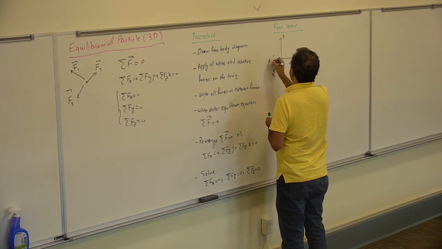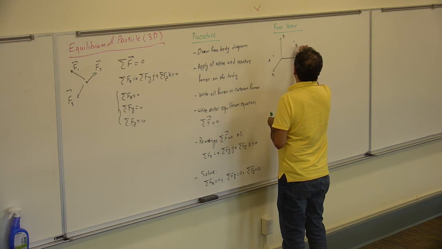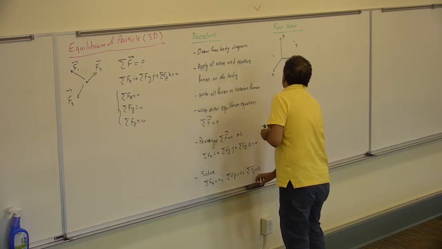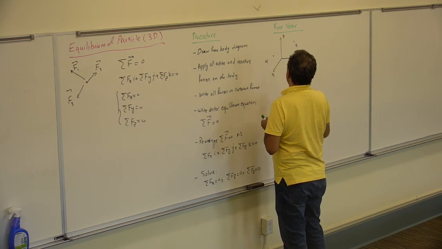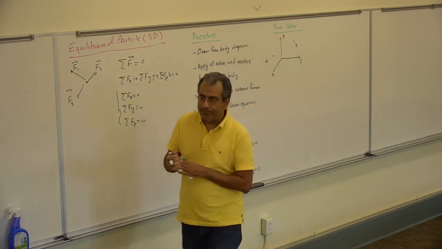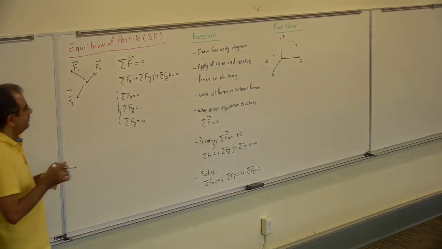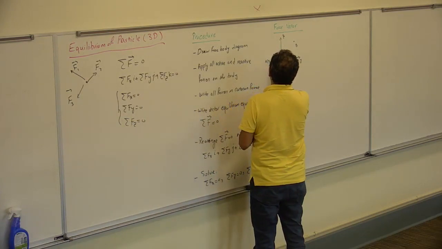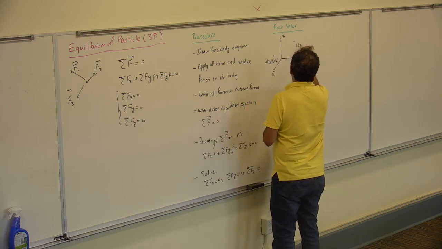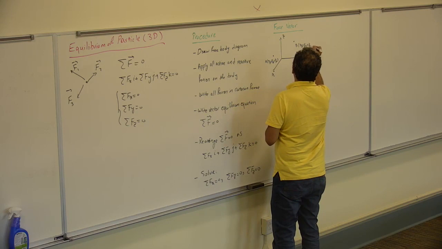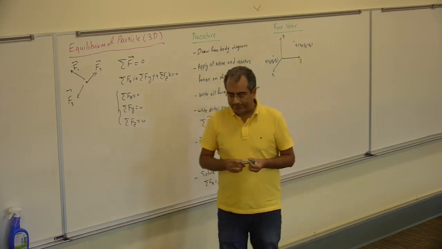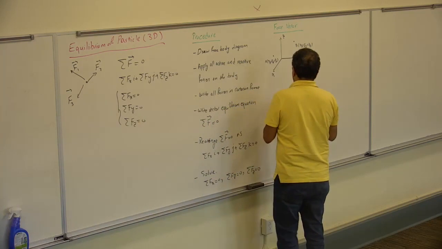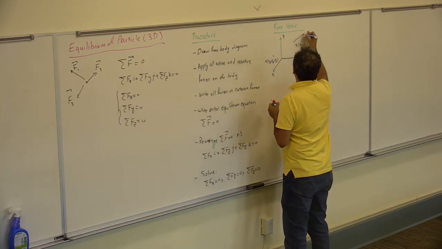There are two points, A and B. Point A has x at A, y at A, and z at A. Point B has x at B, y at B, z at point B. Assume there's a force along the line AB.